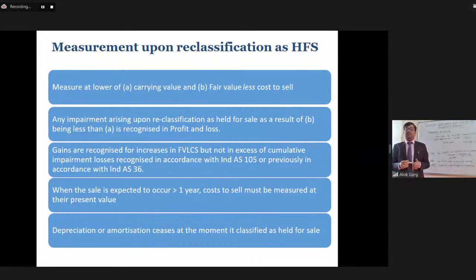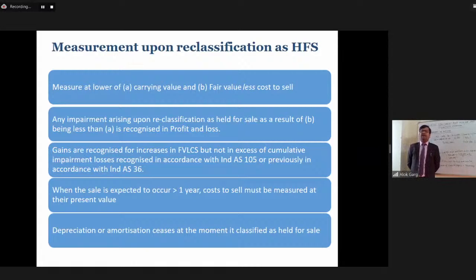Okay. If the sale is expected to occur beyond 1 year, what is the formula? Fair value less cost to sell. The cost to sell will be incurred when the sale is made. So the standard says that if the sale is expected to occur beyond 1 year, the cost to sell will be discounted to present value.